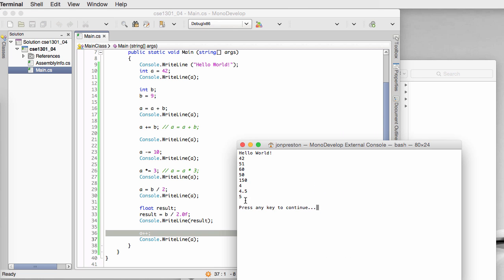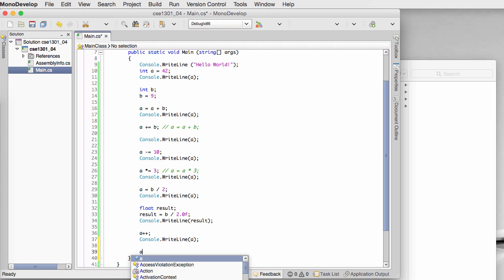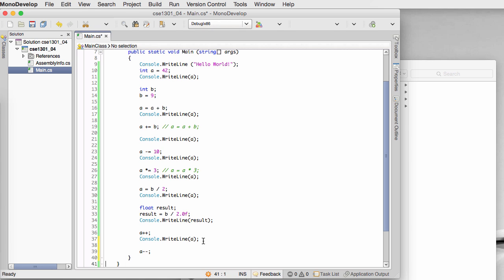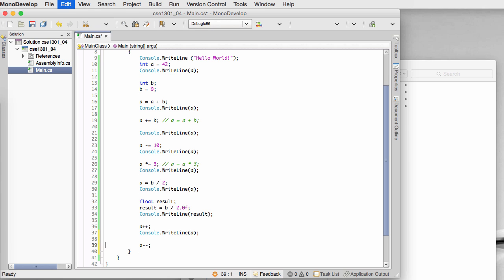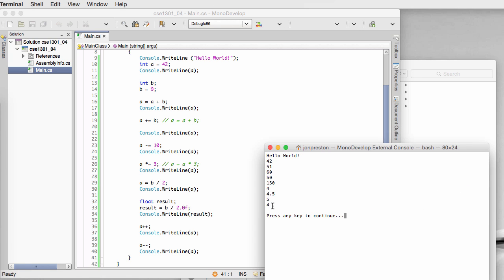And here's the result, right? So a is 5. And we can also do a minus minus, and that is going to decrement. So if it was at 5 and I decrement it down by 1, then we should get our 4 back. And that is exactly what we have here.